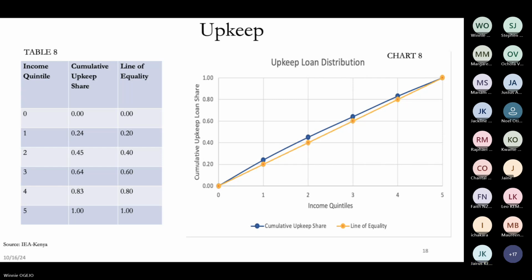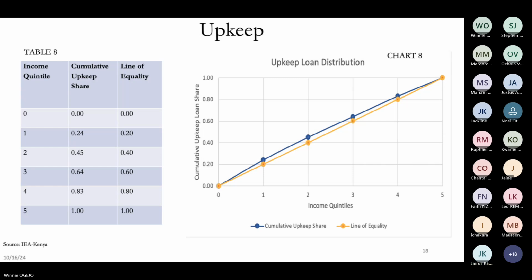And then our Lorenz curve, the line in blue, shows the actual distribution. Since it's above the line of perfect equality, our finding is that the appropriation of upkeep favors students in the lower income groups, that's the upper bands.